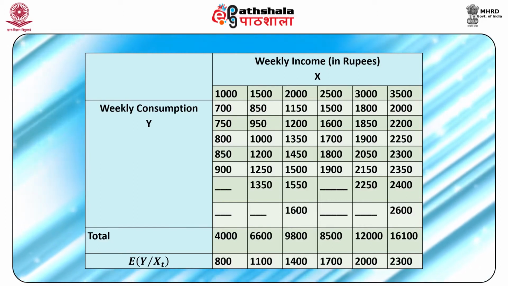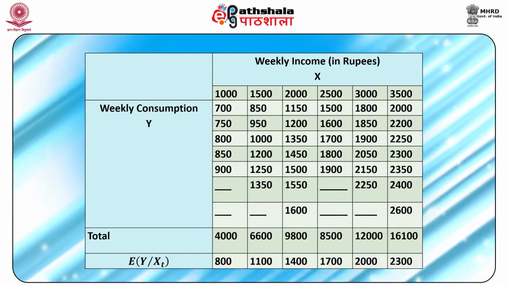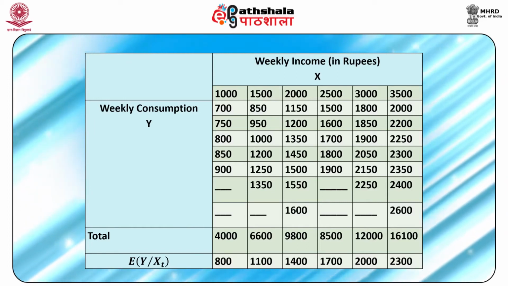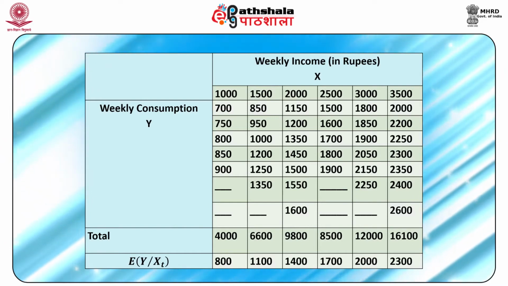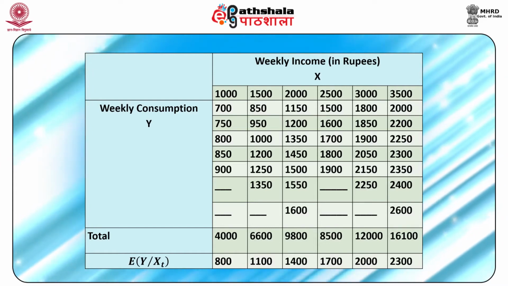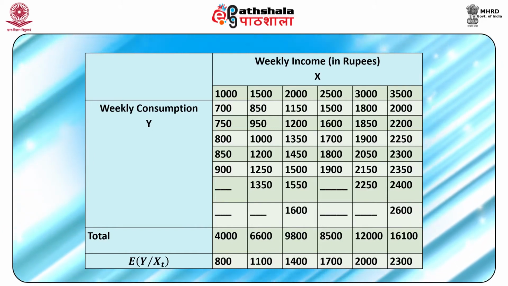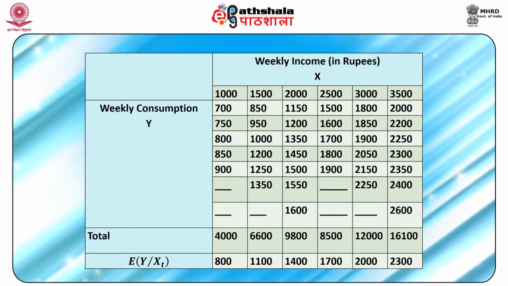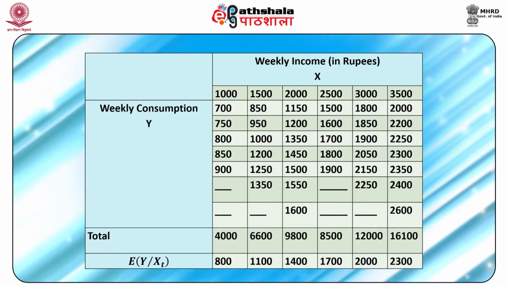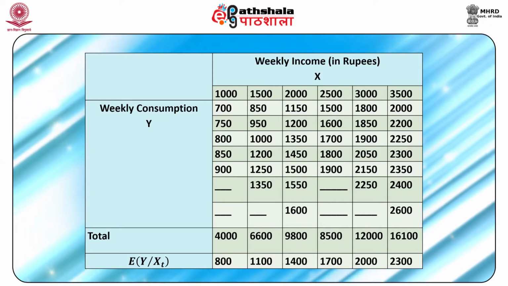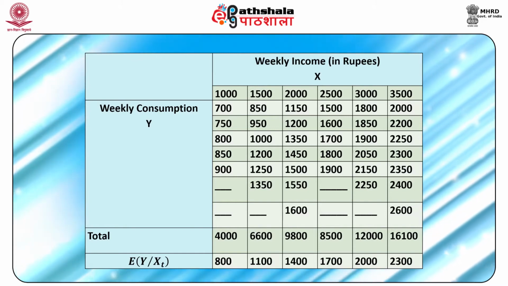So this number 800 gives you the mean consumption of all those households whose weekly income is rupees 1000. Similarly, 1100 gives you the mean weekly consumption of all those households whose weekly income is 1500, and so on. This is very important information which one can obtain from this table.